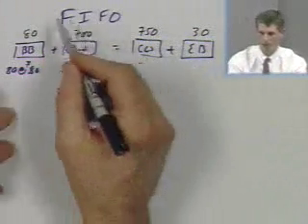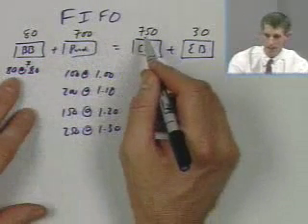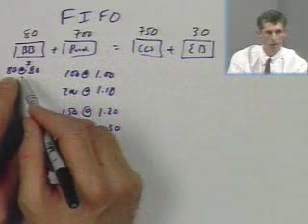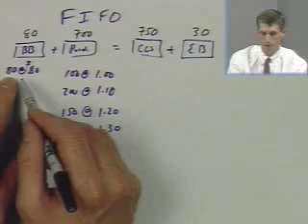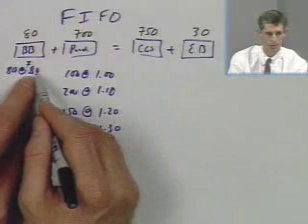Now, for FIFO, the basic idea is the 750 units that were sold, the first ones in are the first ones out. Therefore, the first one in was 80 at 80 cents per unit.